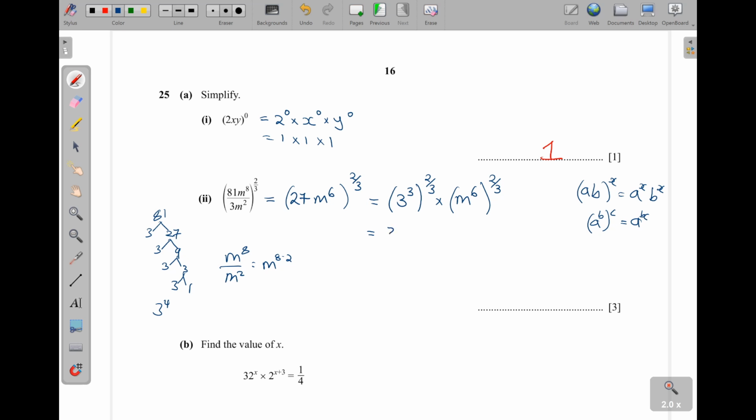So I will have 3 here, then 3 times 2 over 3, and then m power 6 times 2 over 3. So this one will cancel that, then this one goes here once, then here 2, and your answer becomes 3 squared, which is 9. You don't write 3 squared, you write 9. Then m, the power is going to be 2 times 2, that is 4, so m power 4.